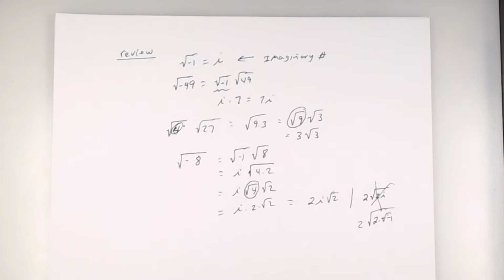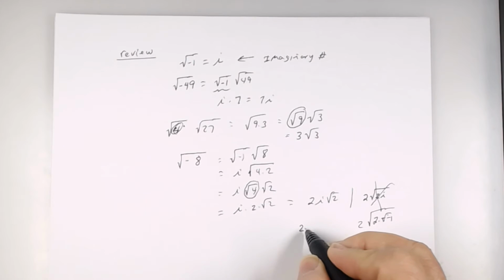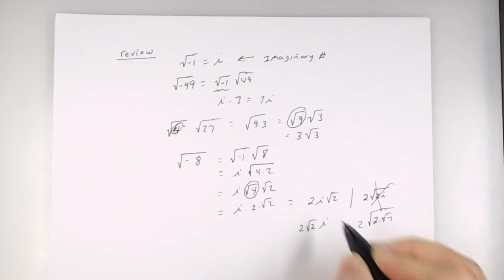If you're going to put it at the end, you better say this instead: 2 square root of 2, then i, like that. You see the difference? Okay. But to be on the safe side, put it in front. All right, so now you should have enough information to be able to complete that worksheet, part 2. So let's go back to this now.